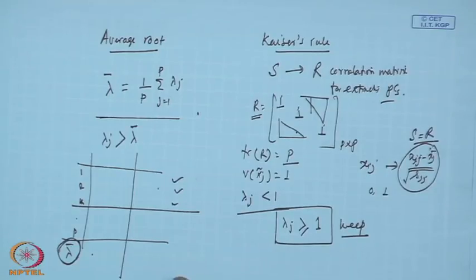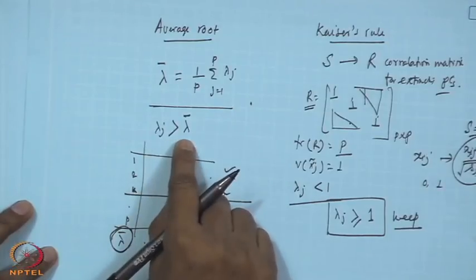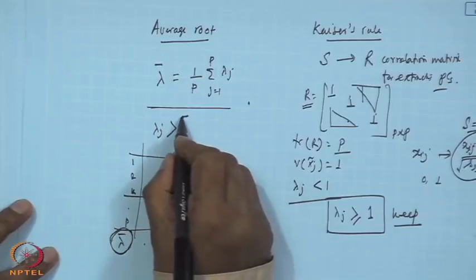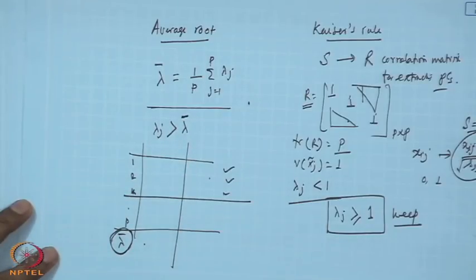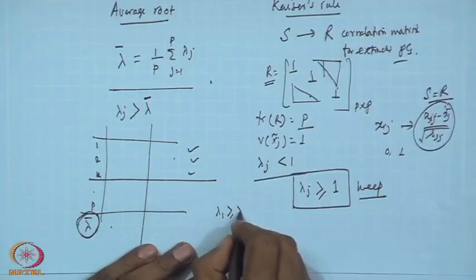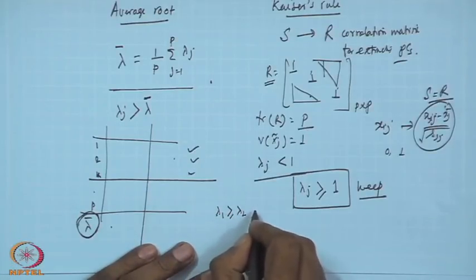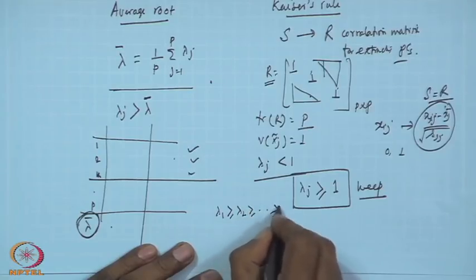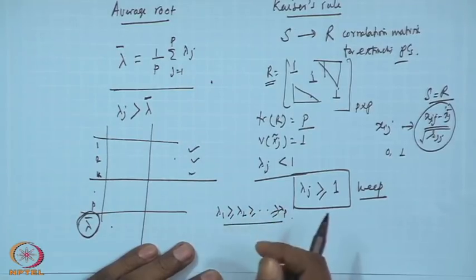Okay. There is another criterion, but please, I have one question regarding average root. Here we are arranging lambdas in descending order, suppose. No, when you extract, your lambda 1 is always greater than or equal to lambda 2. Yes. So we are arranging eigenvalues in descending order. That is obvious.